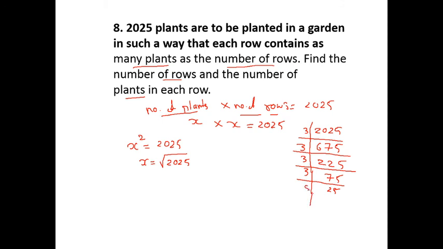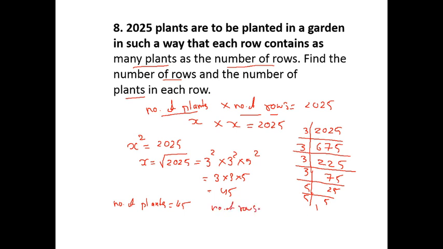Now we convert it into 5 into 5. So 3 square into 3 square into 5 square. So 3 into 3 into 5 is 45. So the number of plants is 45, and the number of rows is also 45.